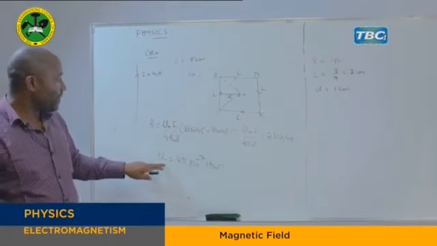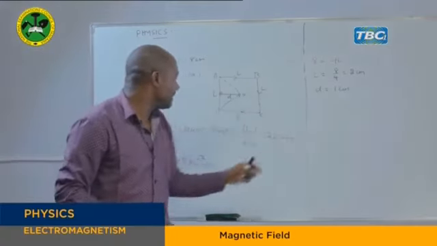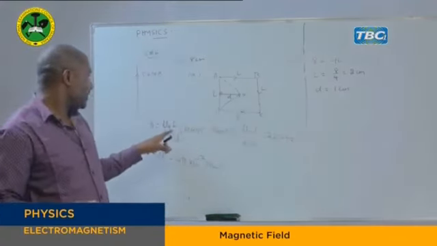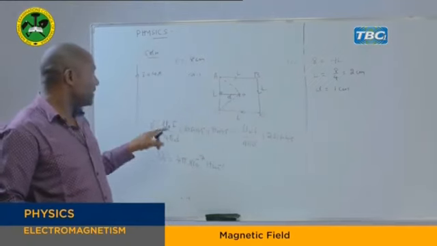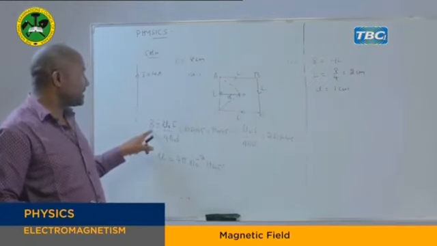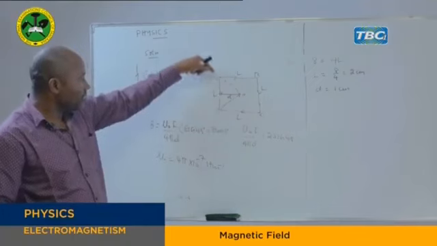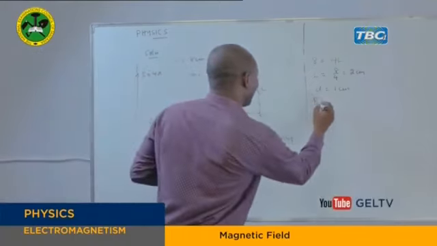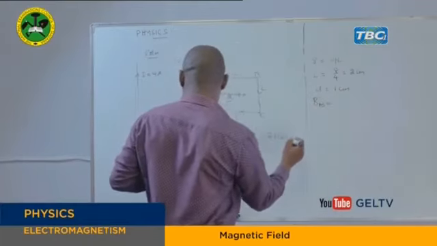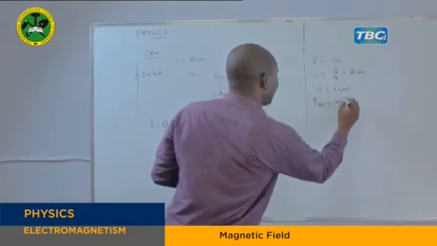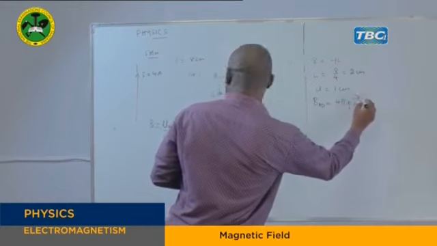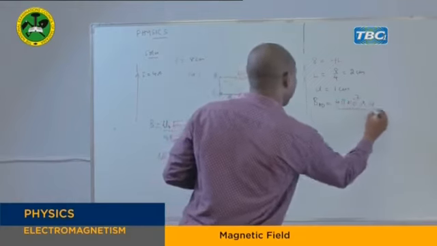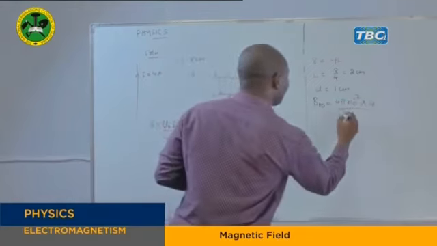So we know the mu, we know the D, 1 centimeter, which we convert into meter, and the current is given, so you can find the magnitude of the magnetic flux density for a small wire, this AD. So the magnetic flux density of AD equals 4 pi times 10 negative 7 times current, which is 4, divided by 4 pi times D. Our D is 1 centimeter.